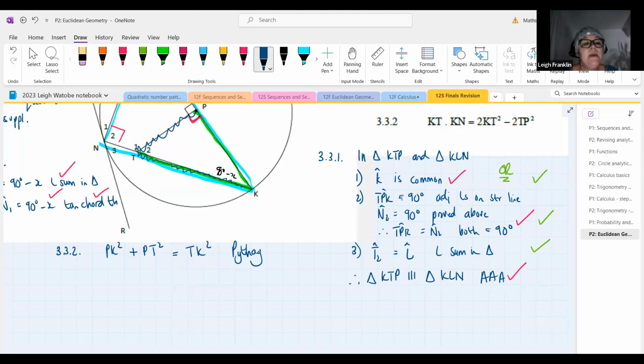So making PK squared the subject of the formula, PK squared is going to be equal to KT squared minus TP squared. So we've got part of this, both of them have been doubled.